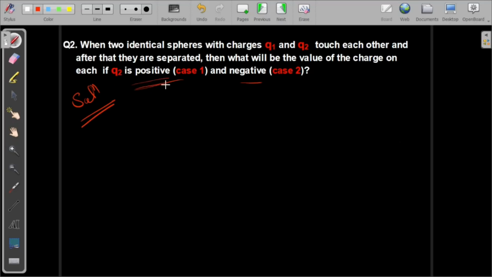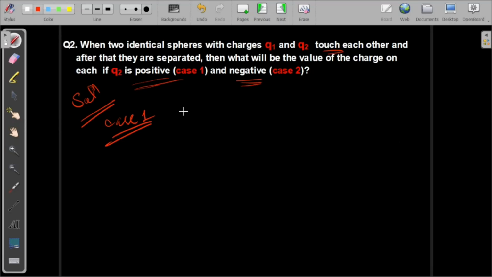One is when q2 is positive, and the other is when q2 is negative. Case one. Two spheres with charges q1 and q2 respectively are given, and they are put in contact. At first, touching each other means that they are put in contact.